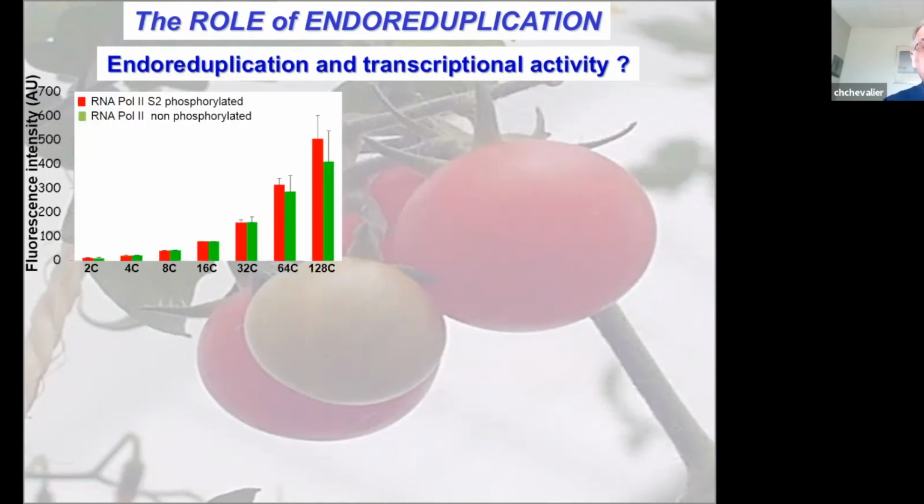The first one, in fact, was to follow the amount of the RNA polymerase II, which is the RNA polymerase that transcribes genes into messenger RNA. And we have a clear correlation between the amount of proteins and the DNA content inside the nucleus.